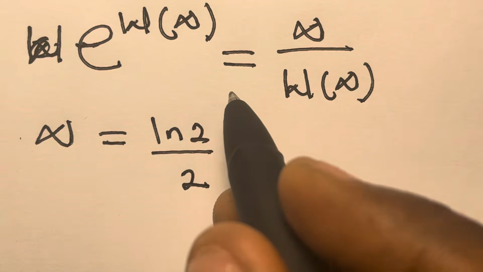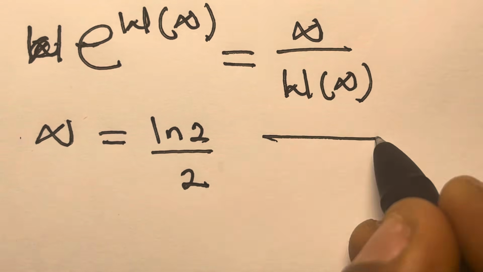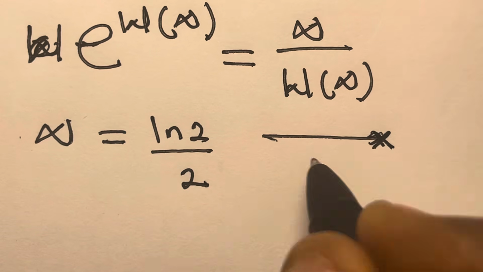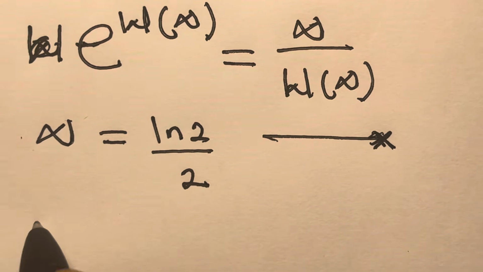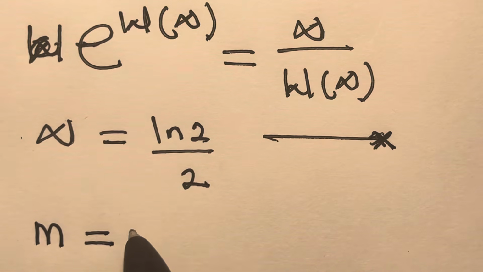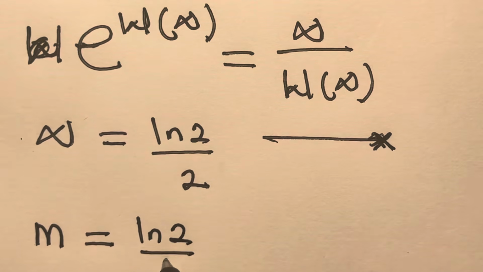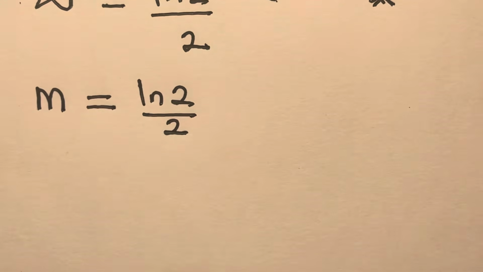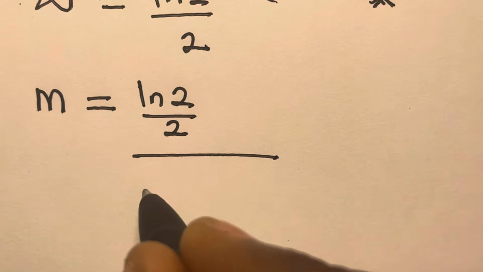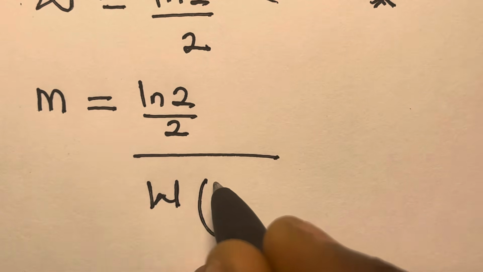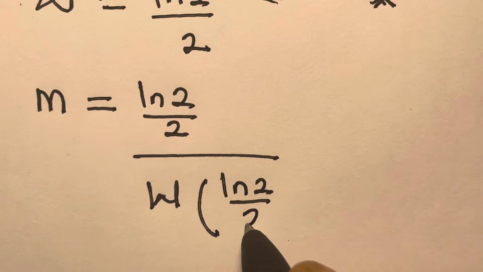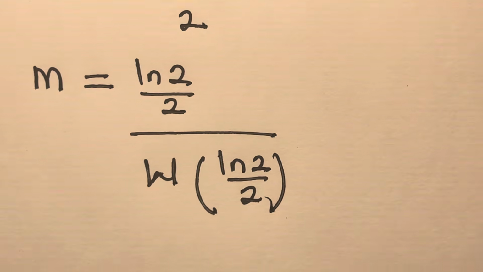So just by comparing, you can note this equation. So if you substitute, m equals ln 2 divided by 2, then divided by the Lambert function of ln 2 divided by 2, right?